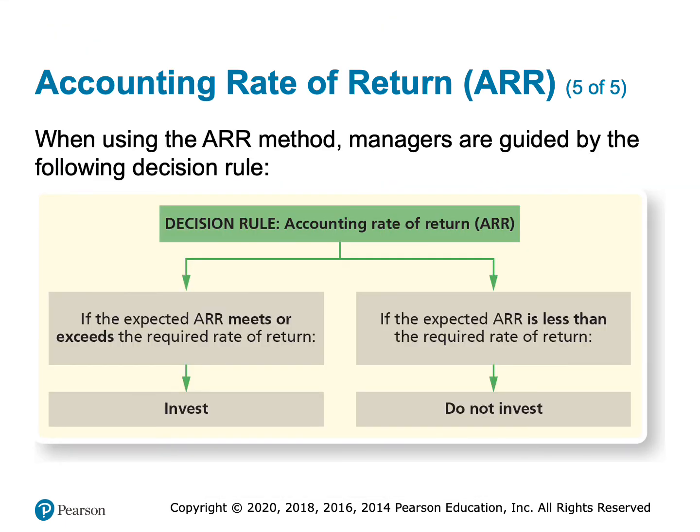So our decision rule is that if the ARR meets or exceeds this required rate of return, the required rate of return is set by management. Management tells us, hey, this is how much that we think we want all investments to return, at least 15%. So since the B2B portal did, we would invest. Since if ARR is less than that required rate of return, we would not invest.